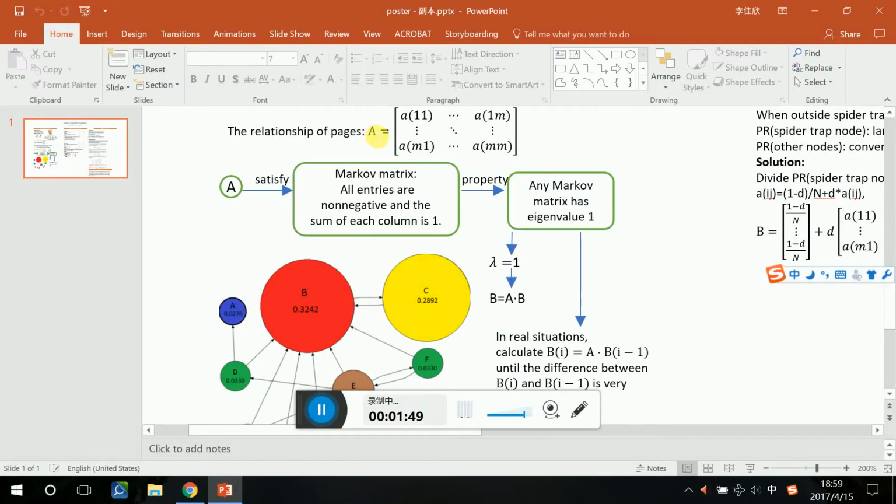And A is a very special matrix called a Markov matrix, such that all entries are non-negative and the sum of each column is 1.